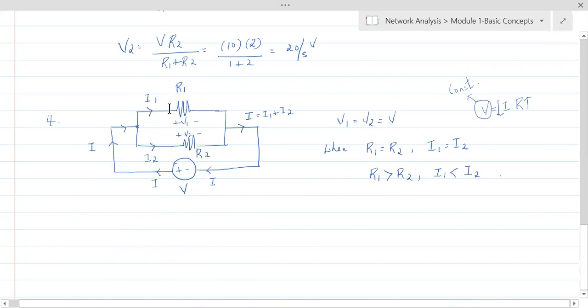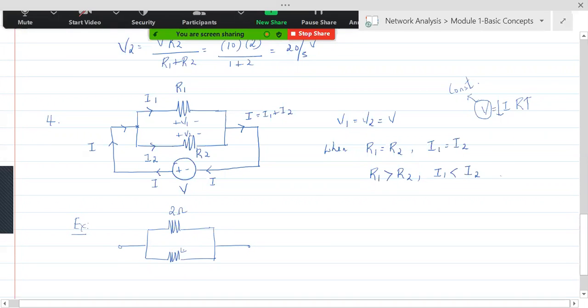So let's try to find out what I1 and I2 are here. I'll take the same example with values. Let's say there is this R, and there is another R. These two are in parallel, with terminals here. Let's say this is our 2 ohms and this is our 4 ohms.